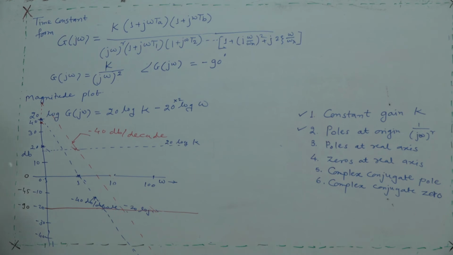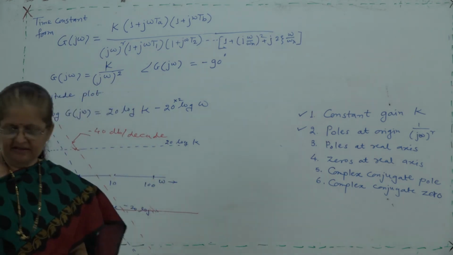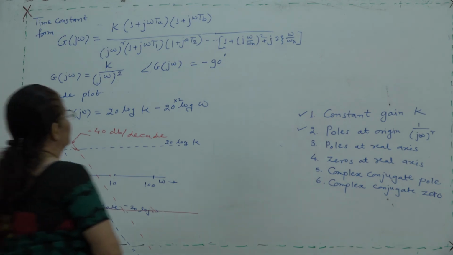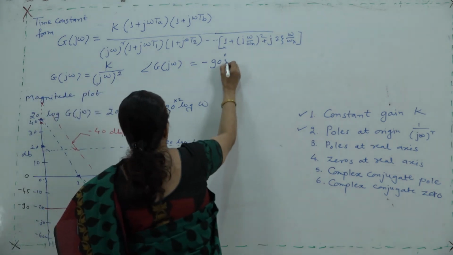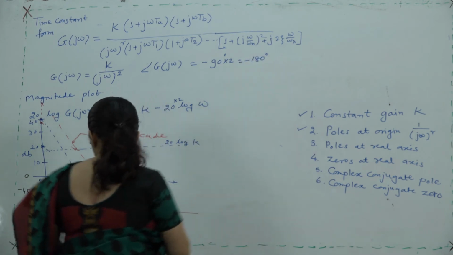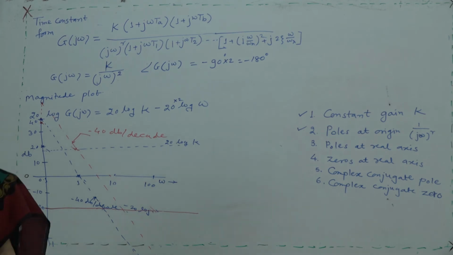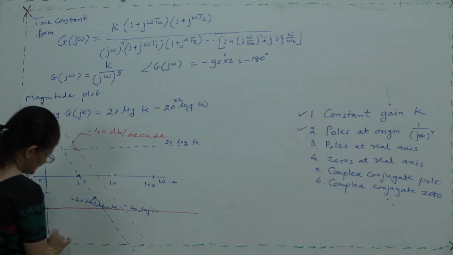What will be the angle in that case? If j omega raised to r you are considering 90 into r, that is 90 into 2. So, you will get minus 180 degrees. So, angle will be, this is minus 180, and so you will get the line at minus 180 degrees.